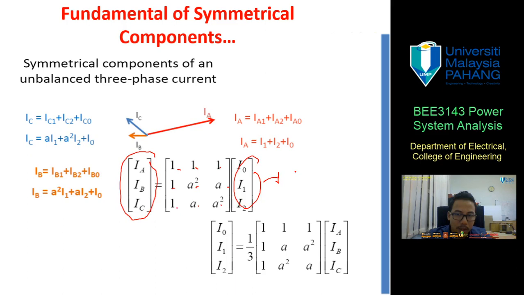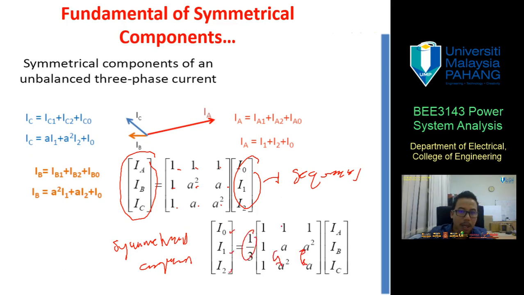So when you are going to find the sequence symmetrical components, the 0, 1, and 2, there's 1/3 here, and this one is changing, replacing up and down. Same like this, there's no difference.